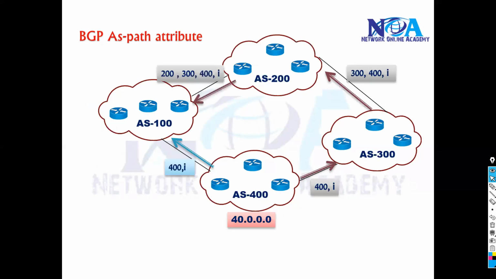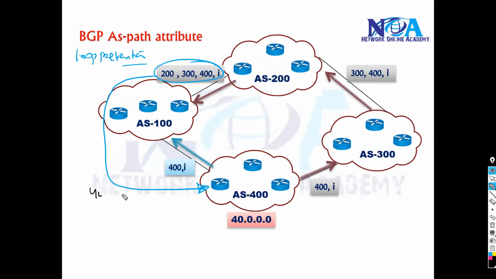Also, one more thing you need to know is that the AS number is also used in loop prevention. Whenever you are trying to send this update back, when you're sending back this 40.net network, the AS path information will be 400, and then 300, and then 200, and then 100.